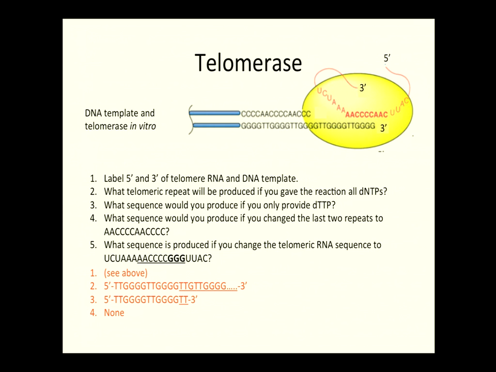You'd add CCC, right? And then would you keep going after that? And why wouldn't it keep going? Yeah, exactly. So these base pairs right here are part of the recognition site for the telomerase to move over and sit down again, right? So if it produced a CCC right here, then this AAC will not be able to bind to the CCC. Does that make sense? Okay.